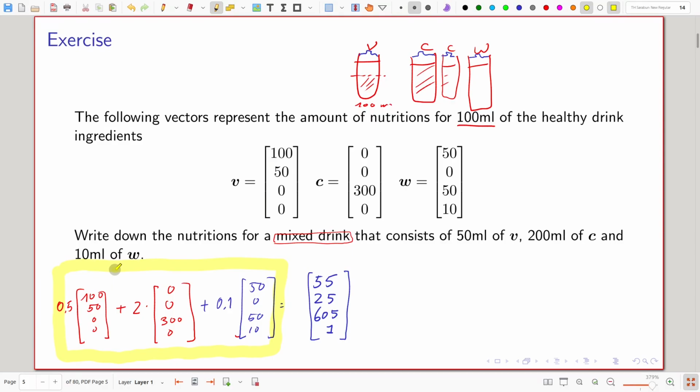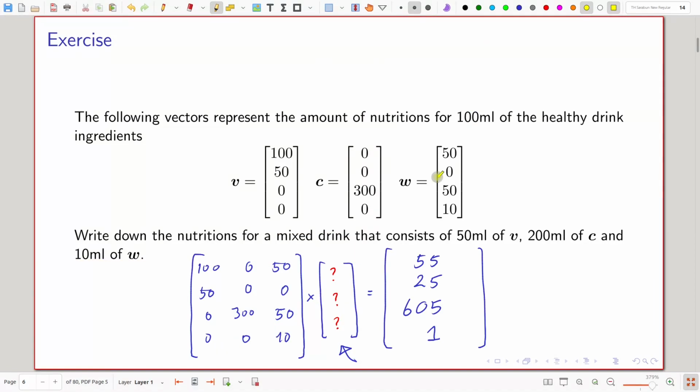So we have a matrix that represents these three column vectors, and we'd like to find the vector to multiply with it so that we get exactly this. So you need to figure out these three numbers that would give you this. Can you rewrite that like this? Let me give you the solution so that we don't spend too much time reviewing materials.